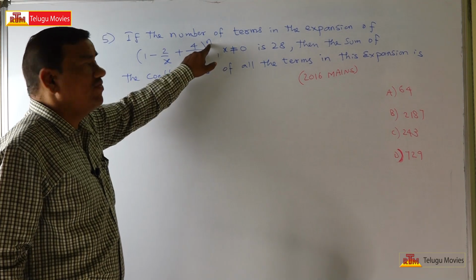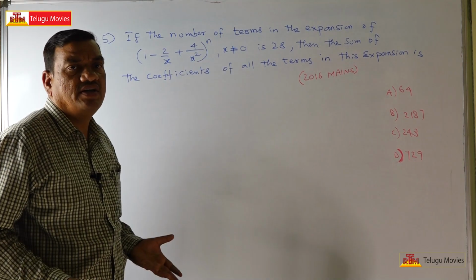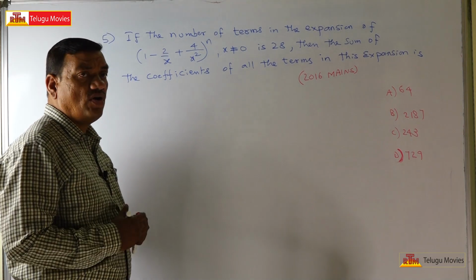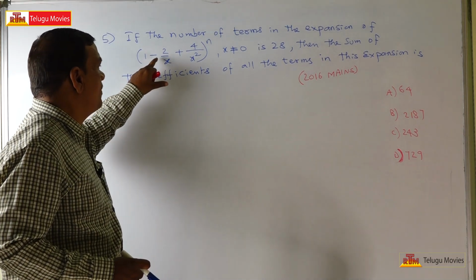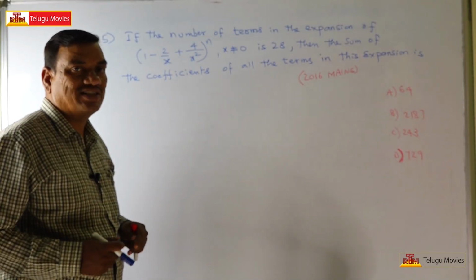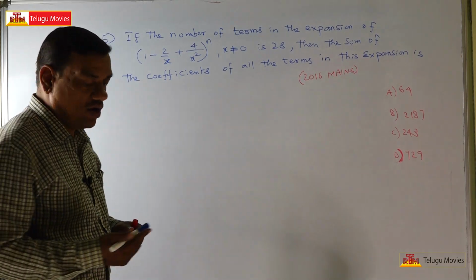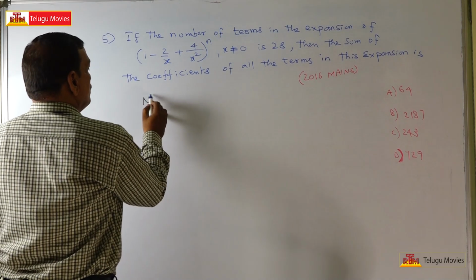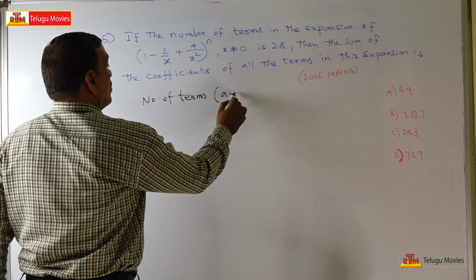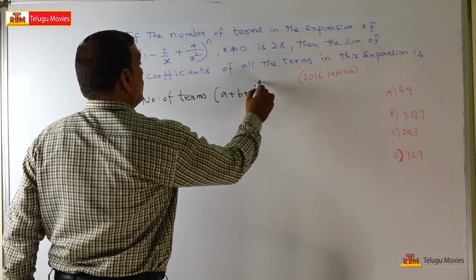If you know the n value, the problem is very easy. So how to find out this n value? First of all, this 1 minus 2 by x plus 4 upon x square is a trinomial. So we have one formula for the number of terms in the expansion of (a plus b plus c) whole power n.